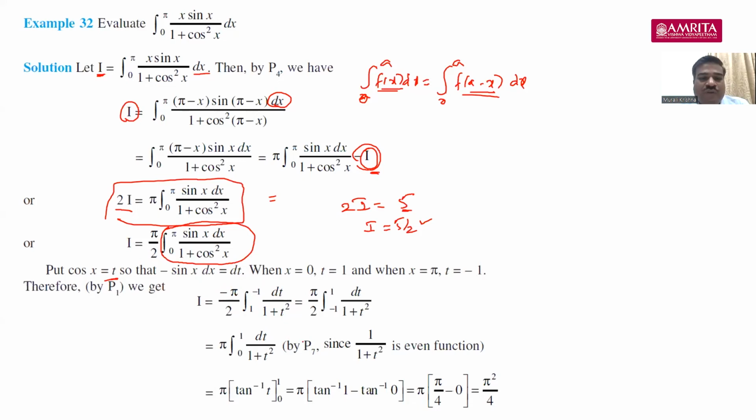So pi by 2 times tan inverse t under the limits -1 to 1, which is the same as 2 times, because the limits are -1 to 1, 0 to 1 you can write. Why? Because this function is an even function. So either you do it directly from -1 to 1 or use that property, ultimately we land with pi square by 4.